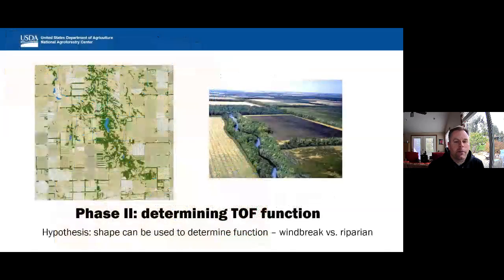So as I mentioned before, the second phase was using this data to determine tree function using some shape metrics. So we know riparian areas and windbreaks have a very distinct shape. So can we identify those features based on shape alone on a large scale?